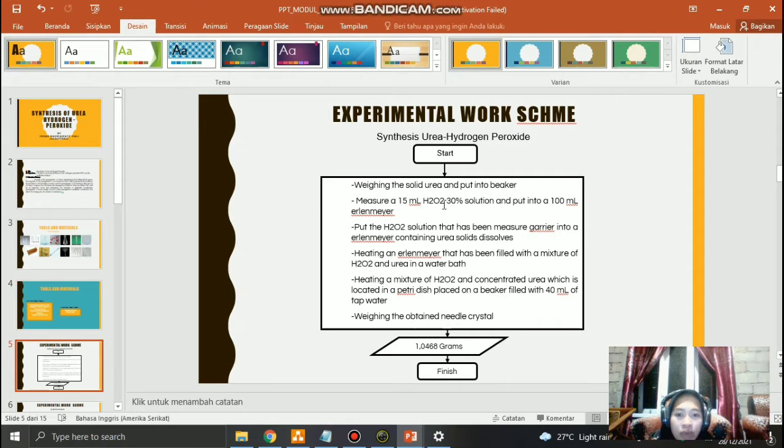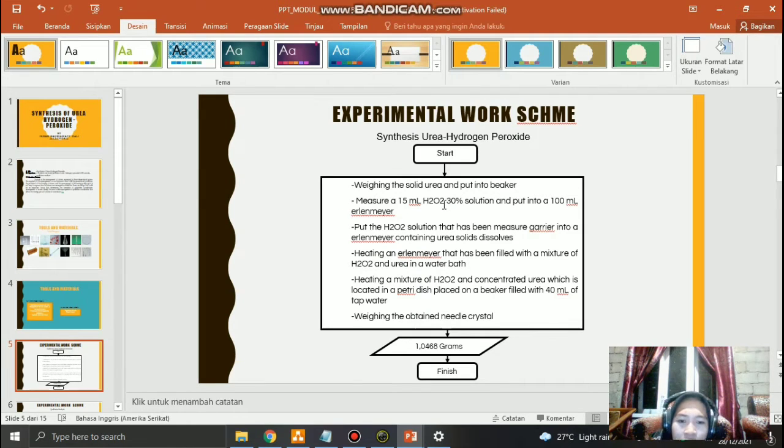Next, put the measured H2O2 solution into the Erlenmeyer containing the urea solid to dissolve it. Next, heat the Erlenmeyer filled with the mixture of H2O2 and urea in a water bath. Next, heat the mixture of H2O2 and concentrated urea, which is in a petri dish placed on a beaker filled with 40 ml of hot water.